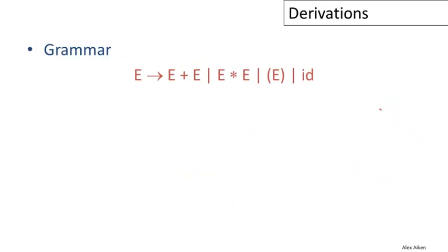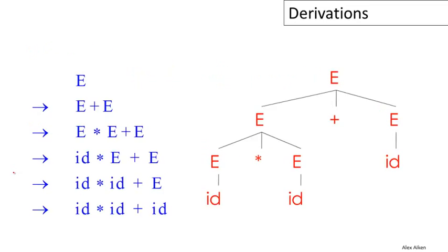Let's do an example. Here's our simple grammar of arithmetic expressions. And let's consider this particular string, id times id plus id. What we're going to do now is parse this string, and show how to produce a derivation for the string and at the same time build a tree. And here it is.